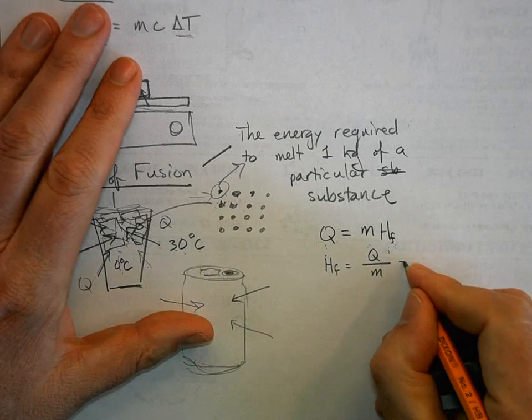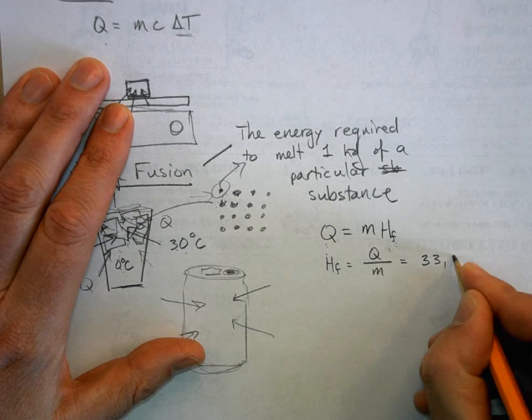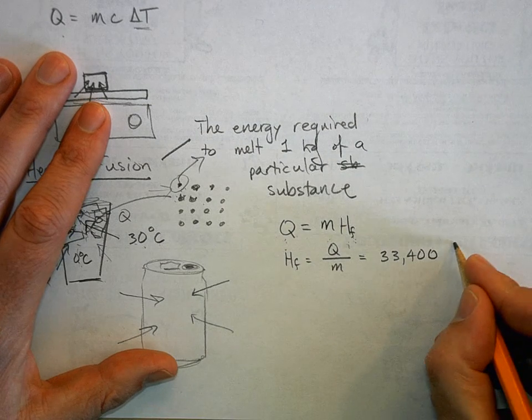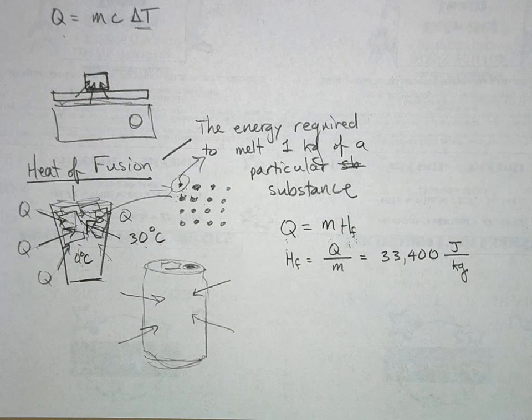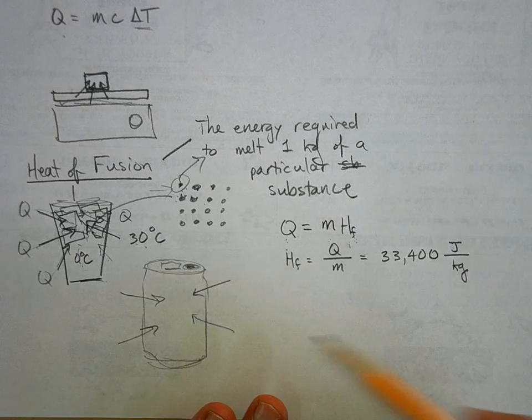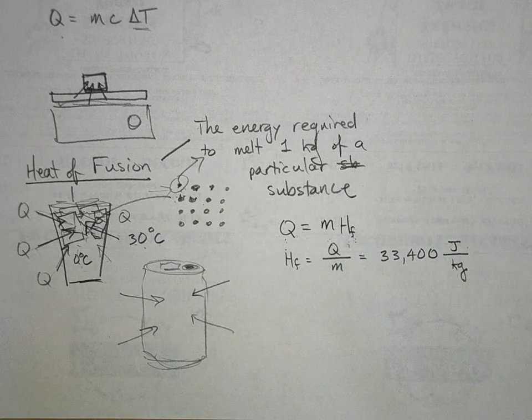And for water, the heat of fusion, which is really a high amount, is 334,000, that's 3 significant figures, joules of energy required to melt 1 kilogram of mass. And the heat of fusion will always have units of joules per kilogram. The amount of energy that needs to be transferred to melt a kilogram of that substance.